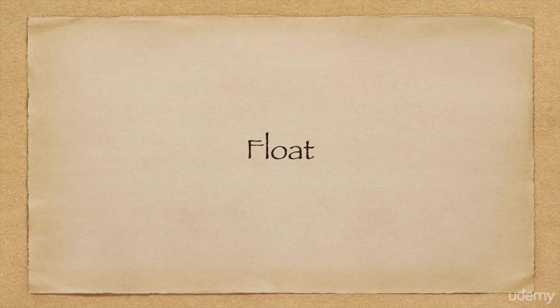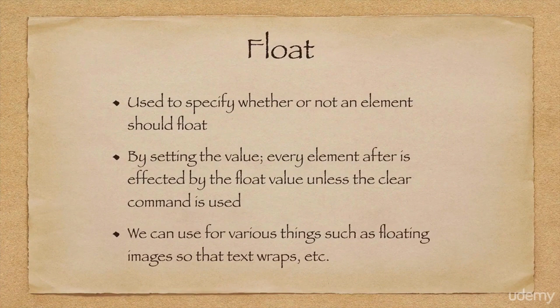So in this lecture, we're going to take a little look at float. Float is used to specify whether or not an element should float. By setting the value, every element after is affected by the float value unless you use the clear command. And we can use it for various things such as floating images, where the text wraps, etc. So what float does in essence is it's a positioning functionality.